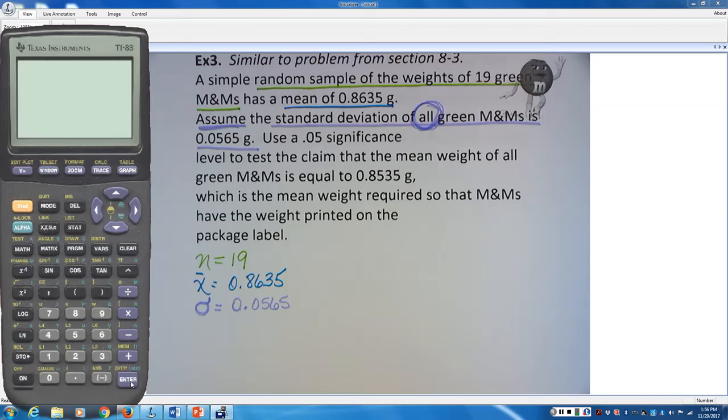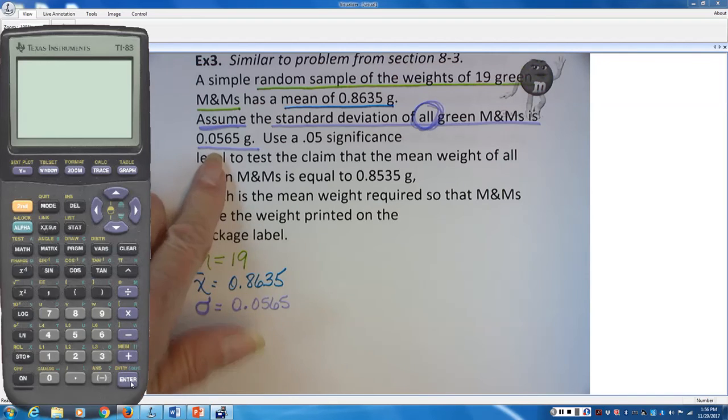Now, while they might get out of calibration, which means the mean might change a little bit, if the machine is calibrated and left calibrated and it doesn't get out of adjustment, that machine is supposed to keep that same variability among all of them. It's supposed to stay within a certain margin of error on the amount that it puts in. So they could make a good inference about the standard deviation of the weights of M&Ms.